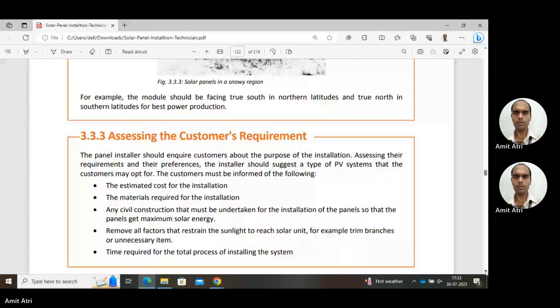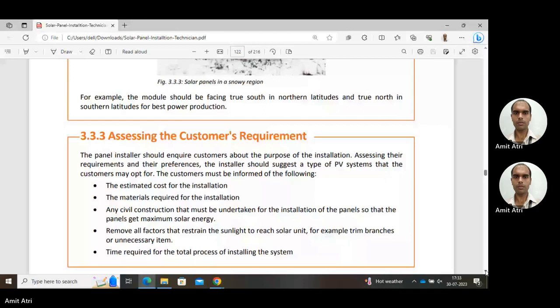What are the factors of which the customer should be informed? First is the estimated cost of the installation. Next is the material required for installation. Next, any civil construction that must be undertaken for the installation so that the panel gets maximum solar energy. Then remove all factors that restrain sunlight from reaching the solar unit.